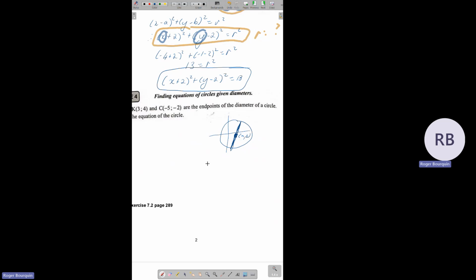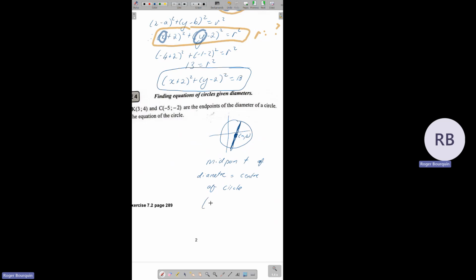So make a note of that. Midpoint of diameter is equal to the center of the circle. That's a really important idea.